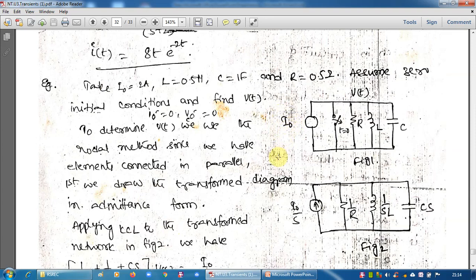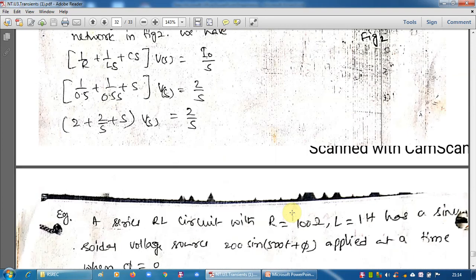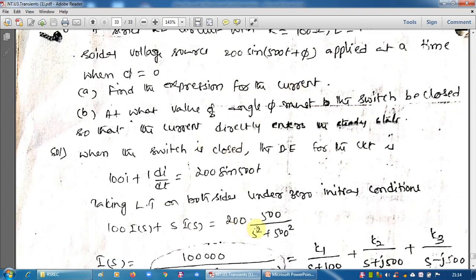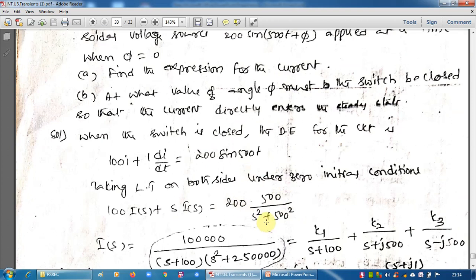If it is a DC supply, we get V, and in transform V by S. If I is there, I by S. In AC circuits, if the supply is 20 sin omega t or 20 sin (omega t plus phi), the corresponding Laplace transform will be this. If it is only 200, then 200 by S. But here the AC supply means 200 sin 500t, so the Laplace transform of this 200 sin 500t is this. That is the only thing.